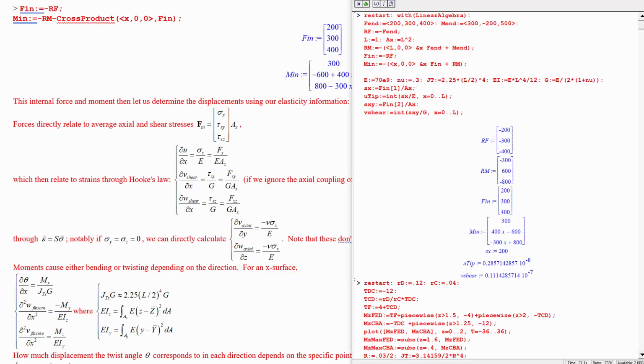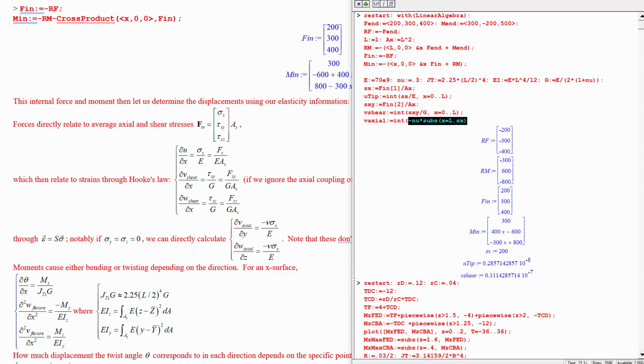So let's go with V axial would be equal to the integral of negative nu times sigma x at the end, but sigma x fortunately is independent of x, but let's say substitute x equals L into sigma x. Let's maybe work this out separately so we can deal with the integral.